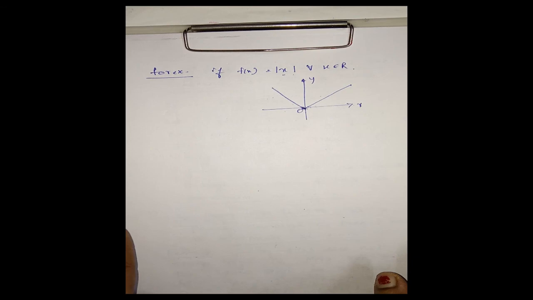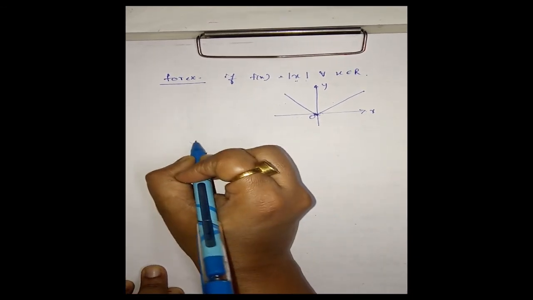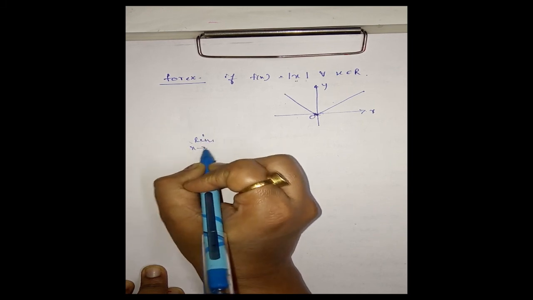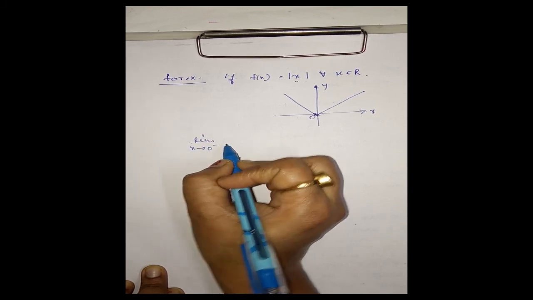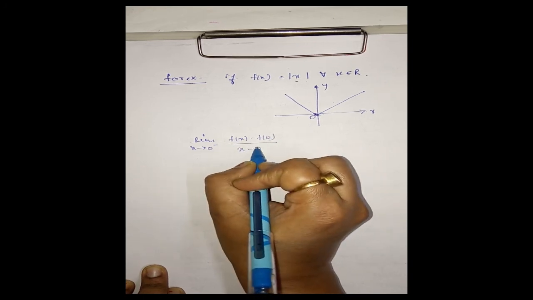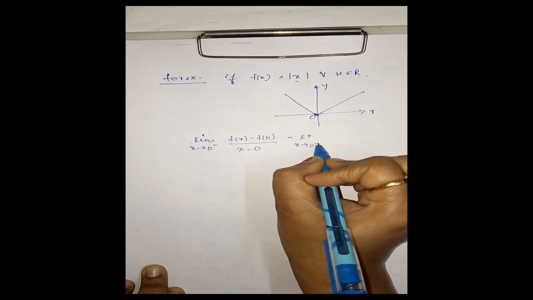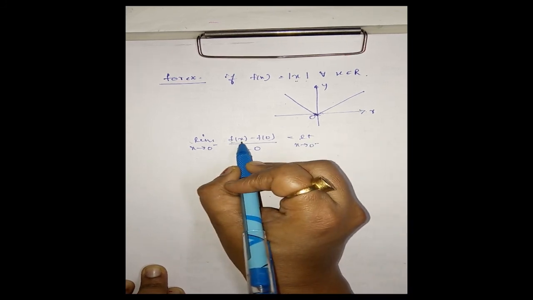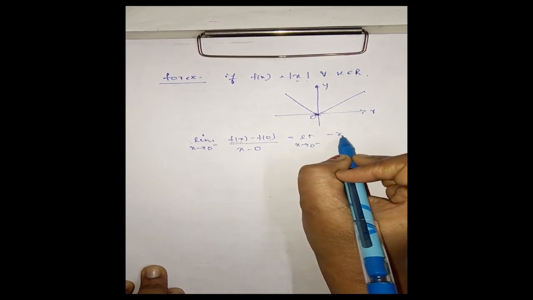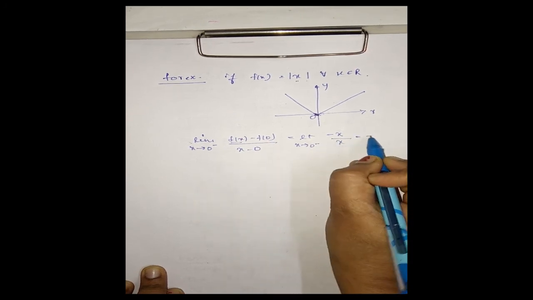Okay, but the function is not derivable at x is equal to 0, since limit x tending to 0 minus, taking values less than 0, of (f(x) minus f(0)) divided by (x minus 0). This is the left hand derivative. This is limit x tending to 0 minus, f(x) when x is less than 0 is defined as minus x, f(0) is 0, divided by x. This is minus 1.